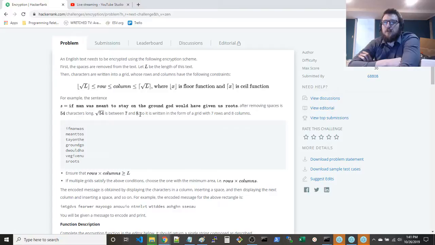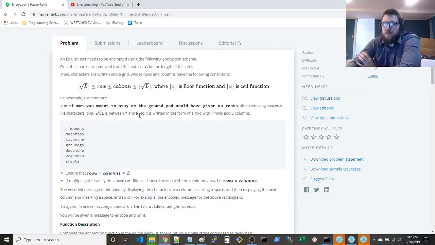And then finally the quantity squared of floor of square root of L plus 1. And it's got to be the minimum of those values such that L is less than or equal to that value. So there's two conditions. It's one of those three choices, the minimum of those three choices that also satisfies square root of L is less than the choice you pick.